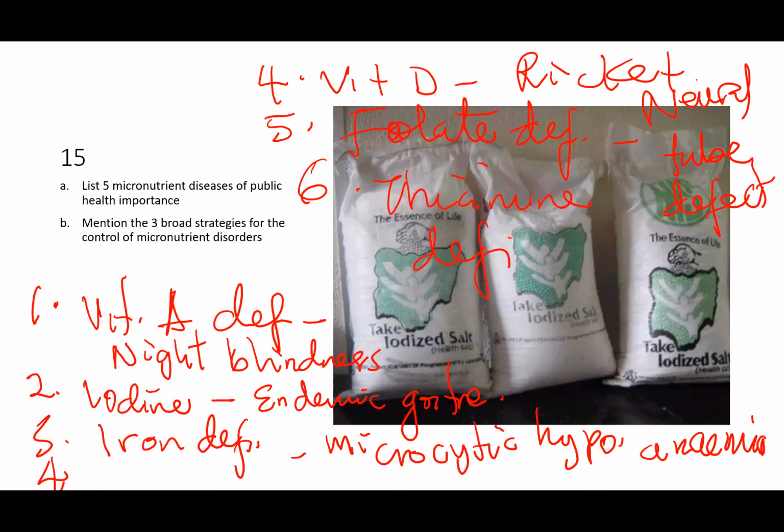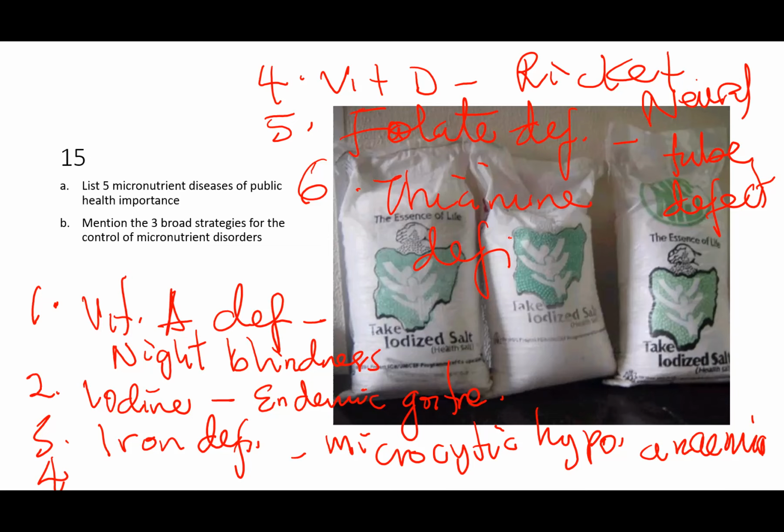The next question says, mention the 3 broad strategies for control of micronutrient disorder. So number 1, food supplements with synthetic forms of micronutrient, food fortification, and dietary diversification.